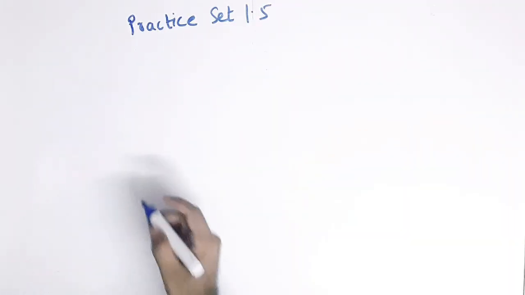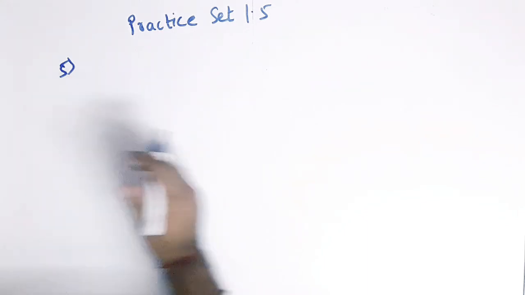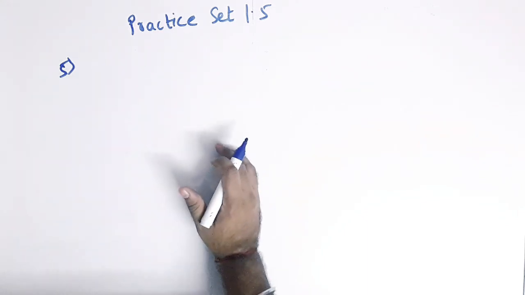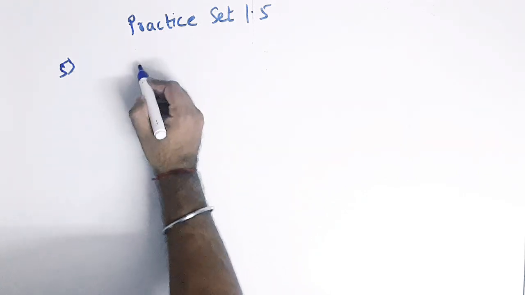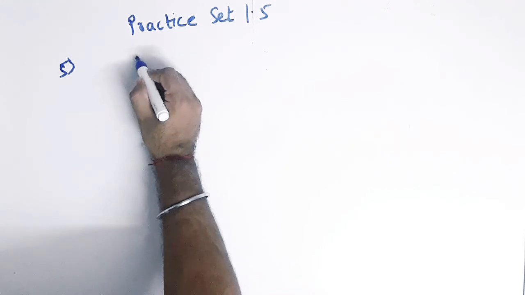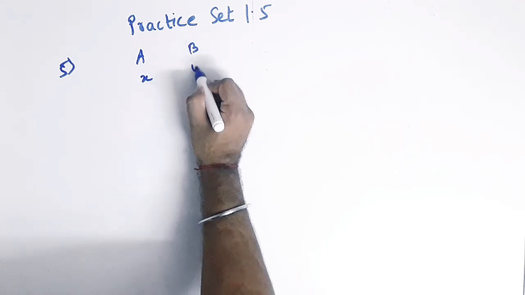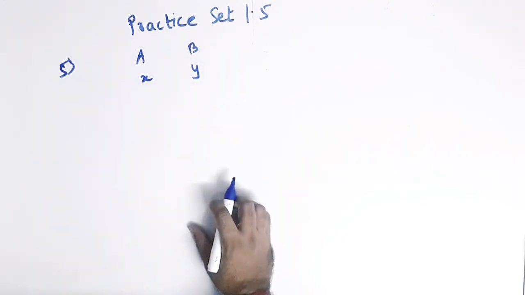So let us move on to the fifth one now, which says two types of boxes A and B are placed in a truck having capacity of 10 tons. So I'll take box A as x, and box B as y.